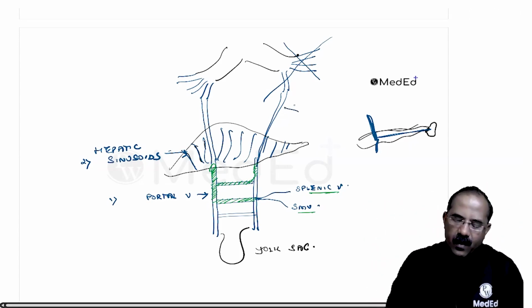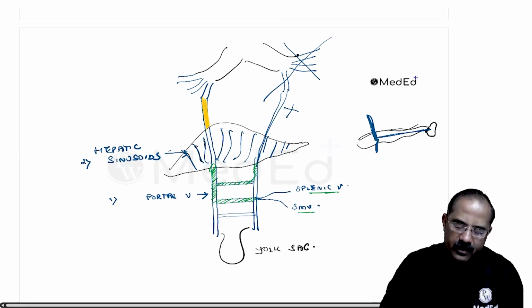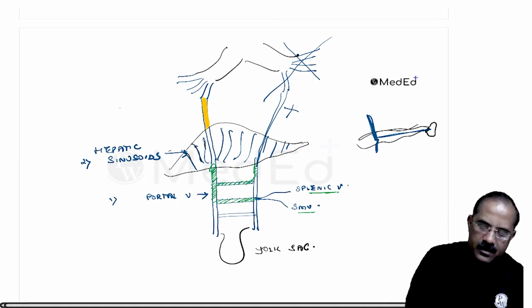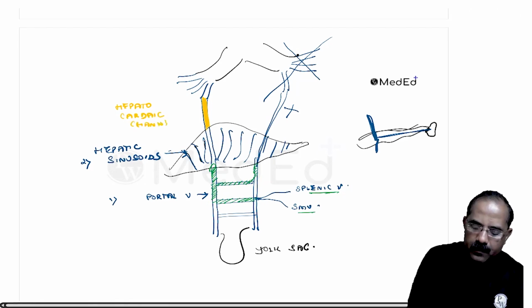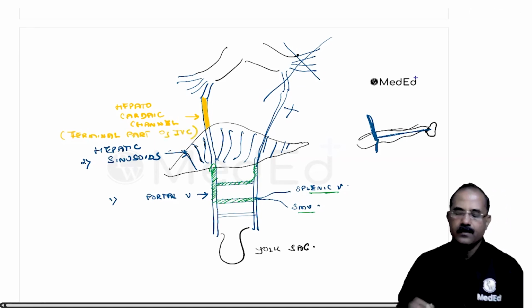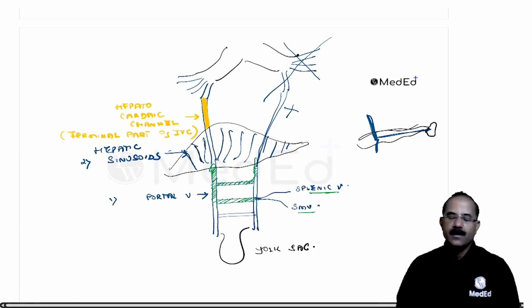And this part, the right vitelline vein, is known as the hepatocardiac channel, and it forms the terminal part of IVC.